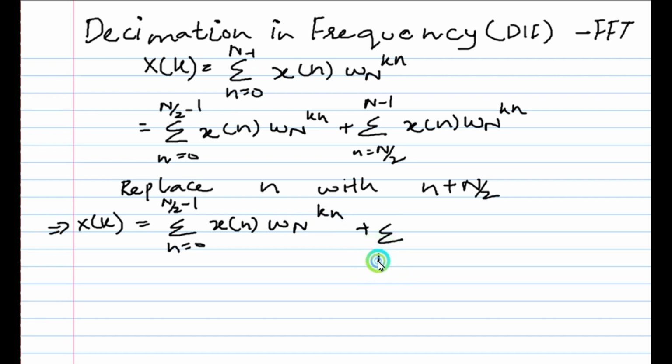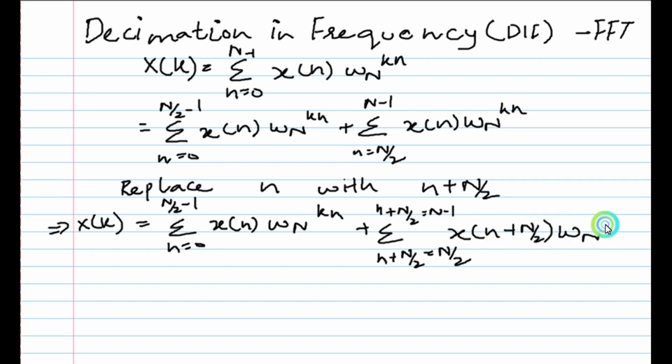So here it will be n plus N by 2, with limits n plus N by 2 equivalent to N minus 1. Here I will place x of n plus N by 2, and W_N^{k}, instead of n I will write n plus N by 2.